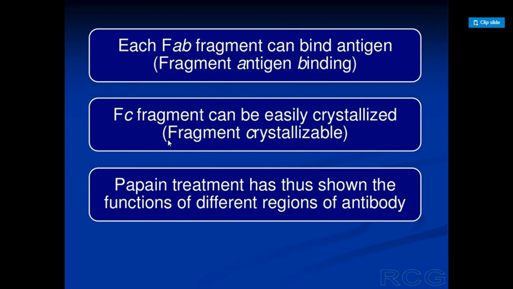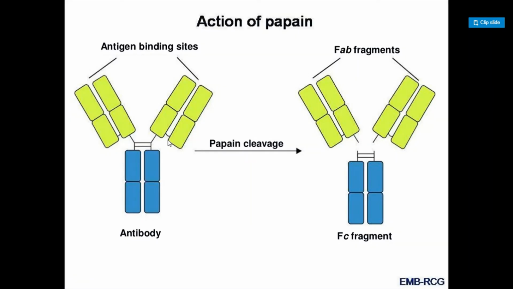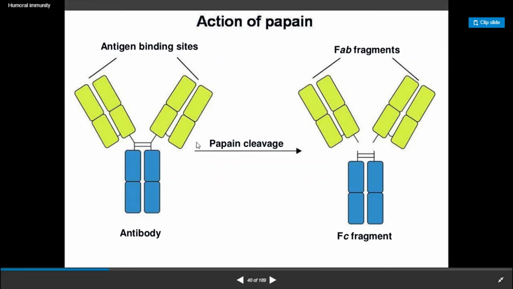Papain treatment has thus shown the function of the different regions of the antibodies. The diagram shows the action of papain on the antigen binding sites: on papain cleavage, two types of fragments are generated, the FAB fragments and the FC fragment.